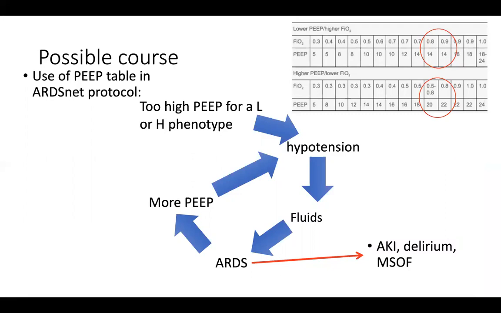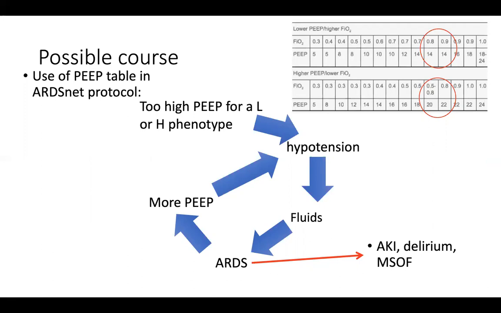It's often responded to with fluids, although you could use vasoactive drugs, but if you give fluids and the patient is inflamed and leaky, that can lead to more frank ARDS. And that leads to more PEEP, and that PEEP can lead to more hypotension, the more PEEP coming from worsening hypoxemia as the fluids cause ARDS, and this vicious cycle continues and continues.